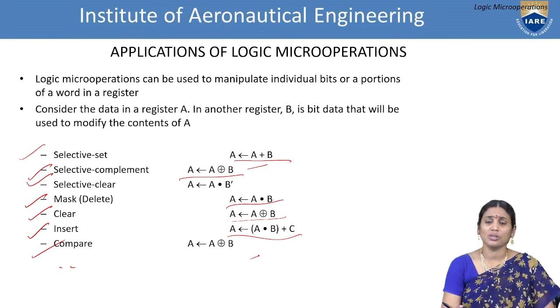Each operation performs a task based on the design of patterns in the bits with respect to B and A. So we are trying to modify the contents either partially or fully. It is dependent on the transfer of information or handling of transactions between two or more registers. Because we need to perform the logic micro operations, we have different combinations like this.